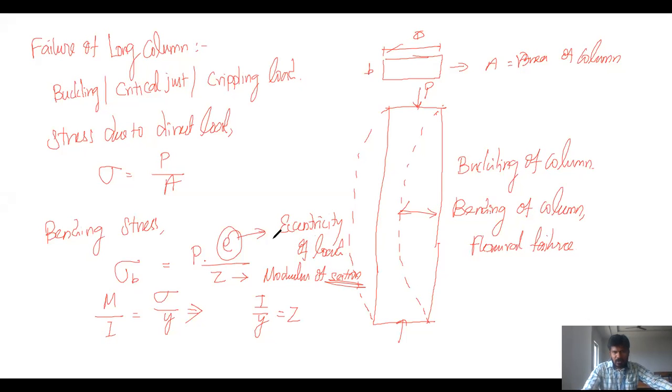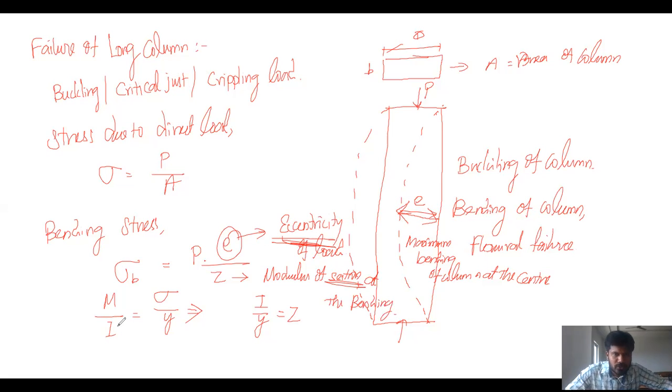So eccentricity of load is nothing but the maximum bending of column at the center, which we are going to term as E. So this is called the eccentricity. And Z is equal to modulus of section at the bending.